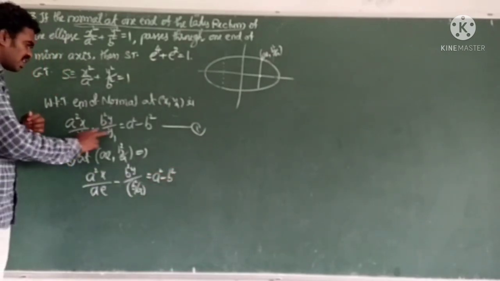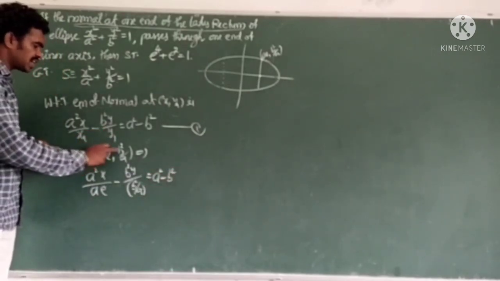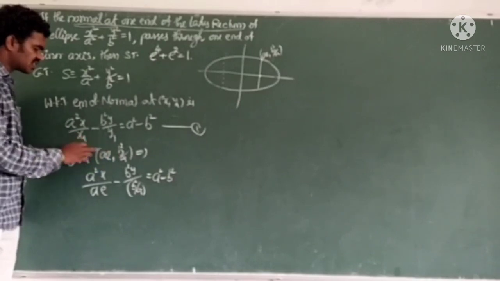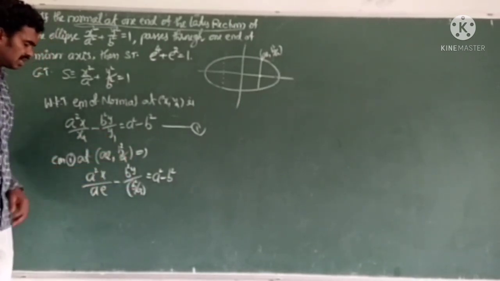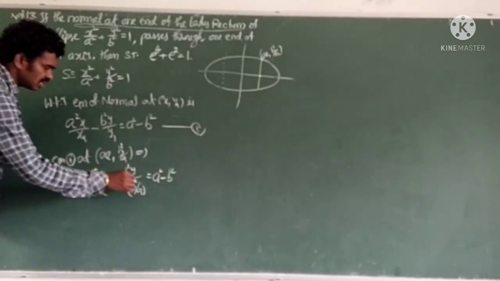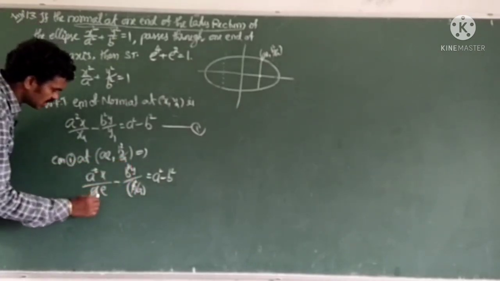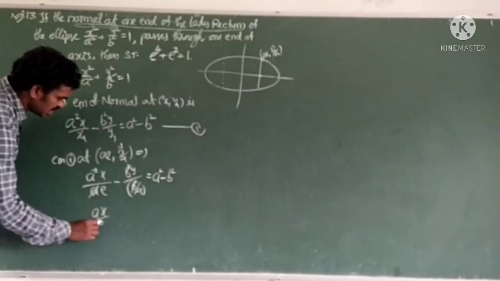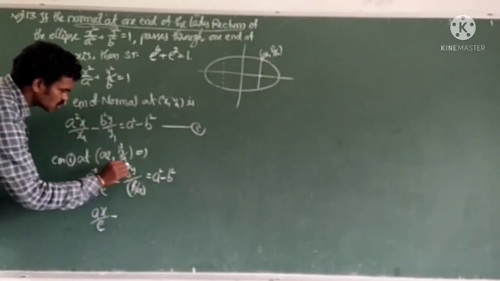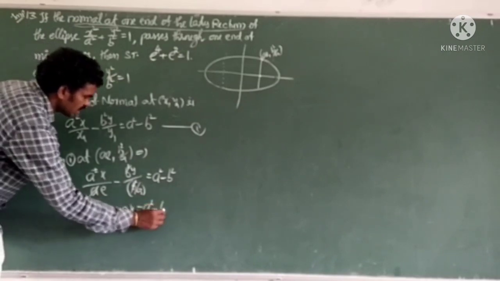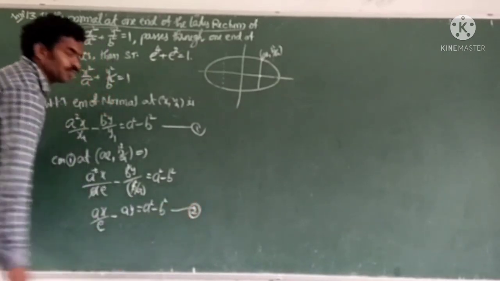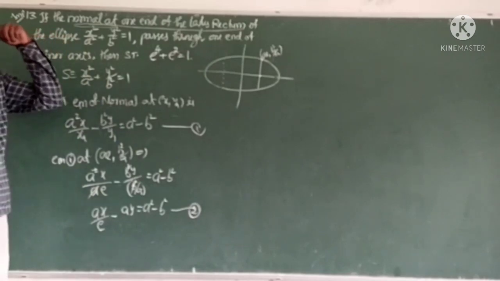Only the point (x1, y1), here the point is (ae, b²/a). That's why instead of x1 I have substituted ae, instead of y1 b²/a is written, and a cancels, b² cancels. The remaining is ax/e, and minus a goes to the numerator, so it becomes ay only, equal to a² - b². This is equation 2.